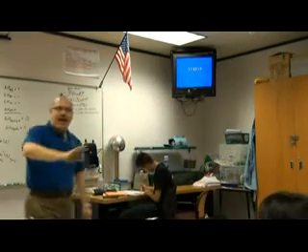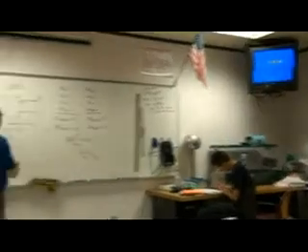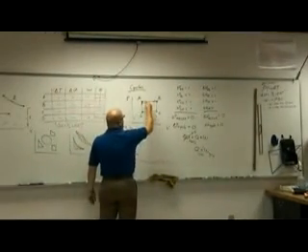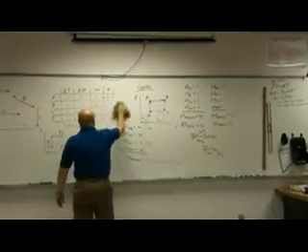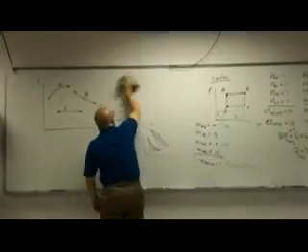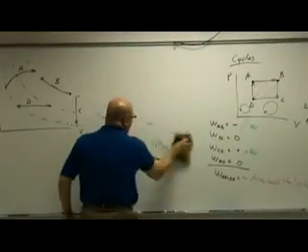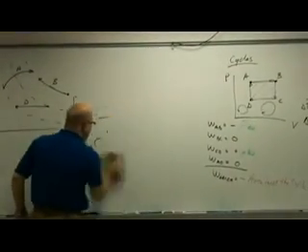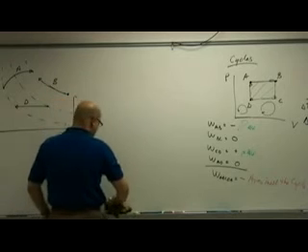Now, it won't make any sense to you at the moment, but the ones that go clockwise, just write this down. The cycles that go clockwise are called heat engines.